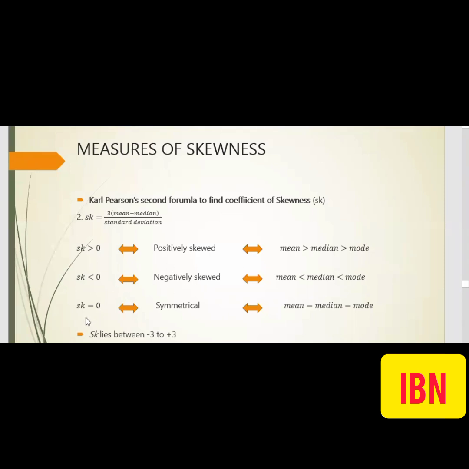If we get 0, it means a symmetrical distribution. There is no skewness. No skewness means the mean, median, and mode are all equal. If for a particular distribution you get 2.5 kilograms for the mean, certainly you will get 2.5 kilograms for the median and 2.5 kilograms for the mode. You get the same answer for all three measures, so there is no skewness.